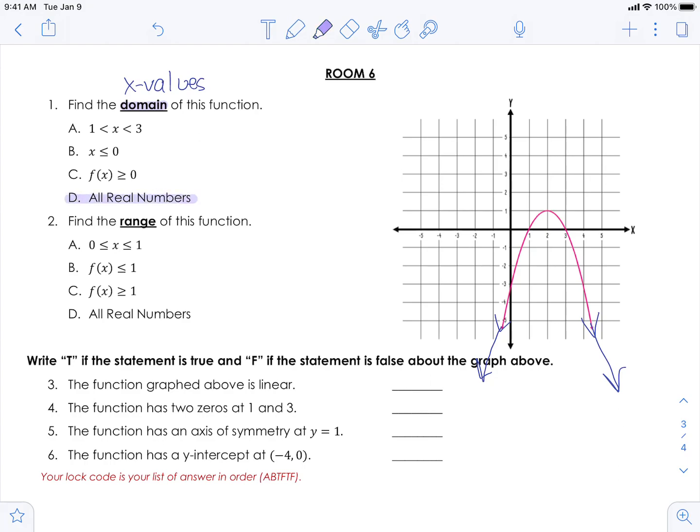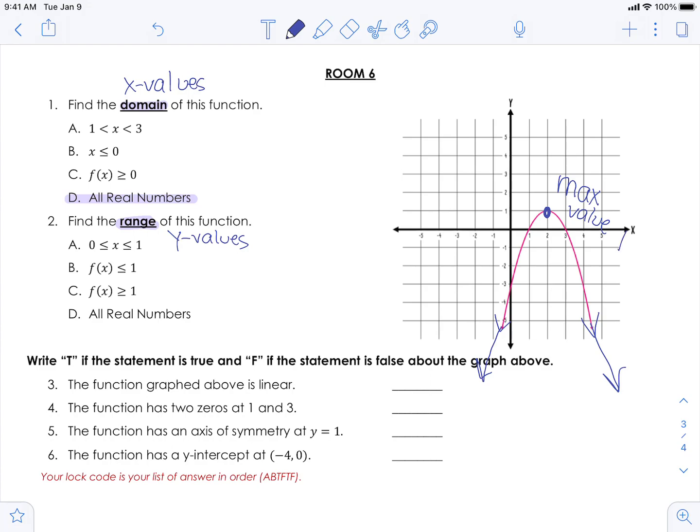Okay, find the range of the function, which is our y values. So looking at that, I need to know that it opens down and that my highest point on the graph right here is a positive 1. So my max value would be 1.